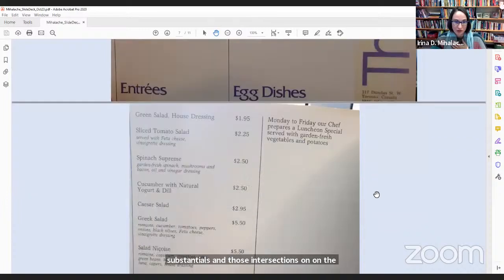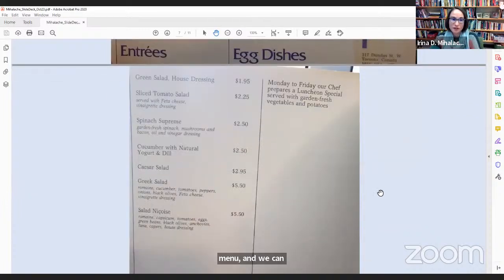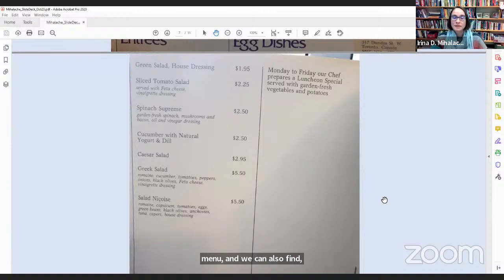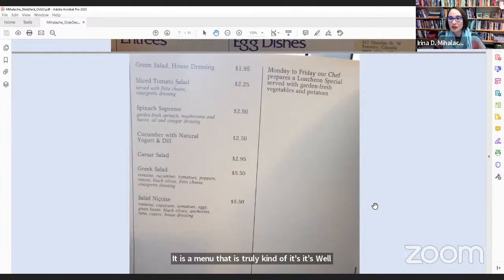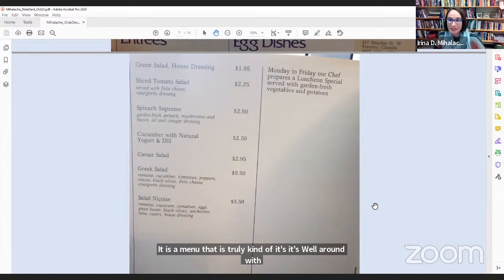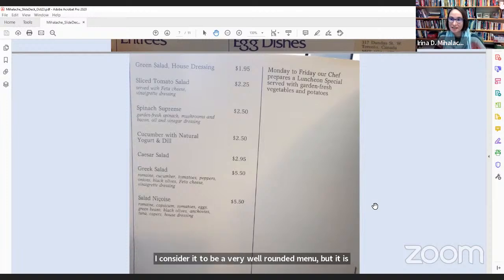And we can also find some more, I'm saying traditional as in more expected types of dishes. So a Caesar salad or a Greek salad or a salade niçoise. So it is a menu that is truly well-rounded. I consider it to be a very well-rounded menu, but it is also a menu that suggests a transformation according to what might be perceived as the expectations of people who come and dine in a restaurant that is located in a museum, right?